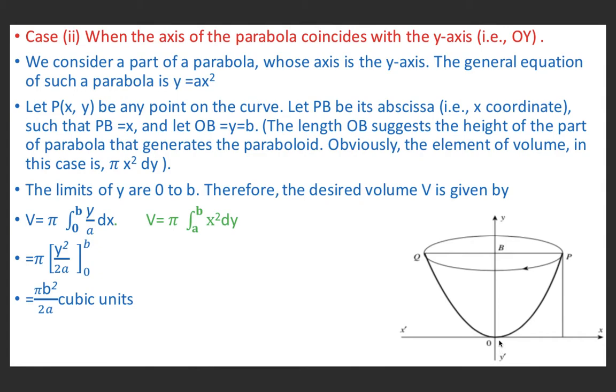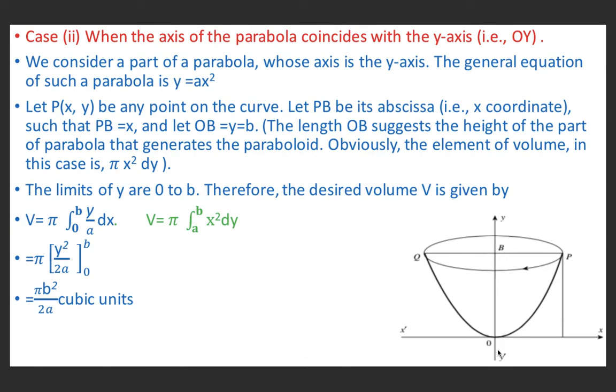Obviously, the element of the volume in this case is pi x square dy. It is rotated about the y-axis. So the limits are from 0 to b, because here the coordinates are (0, 0), and here the coordinates are (0, b).